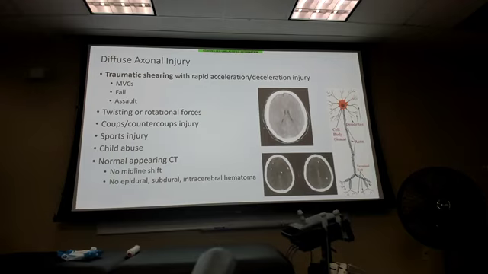Okay, but when we do the MRI, you'll see that loss of white and gray matter differentiation. Okay, so this is a little bit harder to see, but the history and the MRI is really what helps lead us to this. Okay, once you have torn those synapses and torn those neurons, you can't get them back. They're not going to grow back.